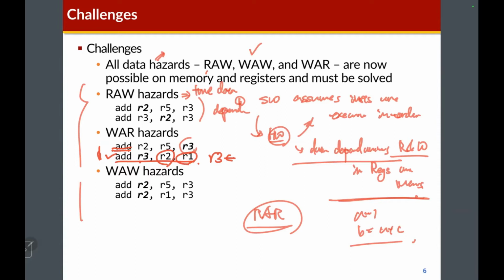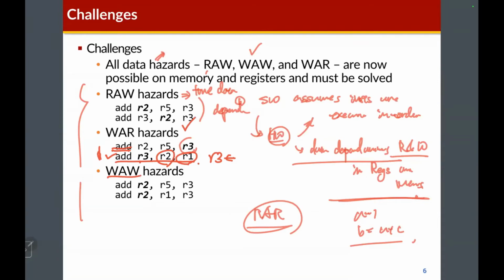The software does not consider these cases because, as I explained, software programmers think every instruction is atomic and instructions are executed in order. But if we apply out-of-order execution, then we must consider this case, because future instructions can be executed earlier. So we need to consider the WAR hazard and the WAW hazard.